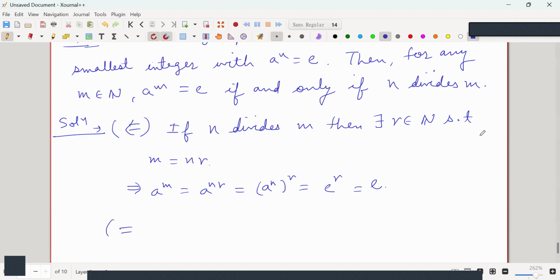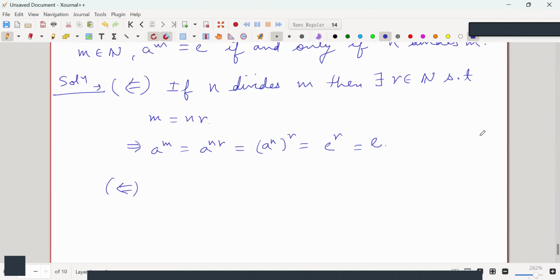Now what about the other part? So let a^m equal to e.